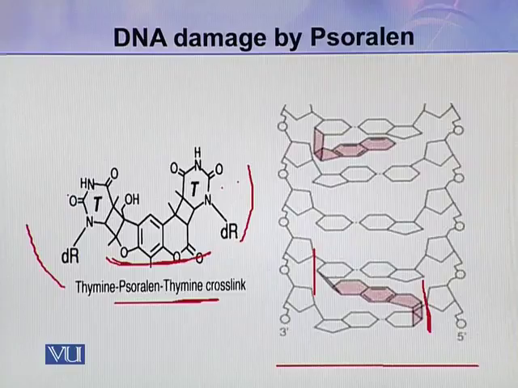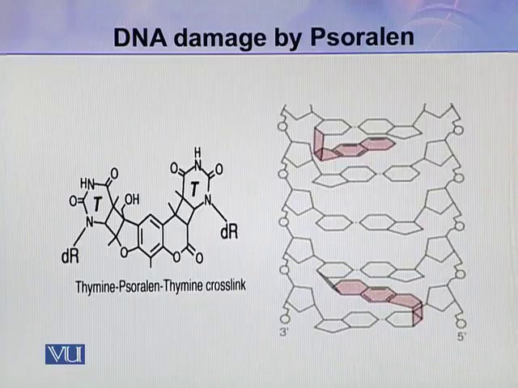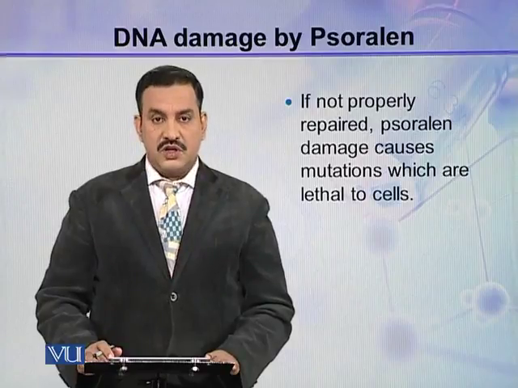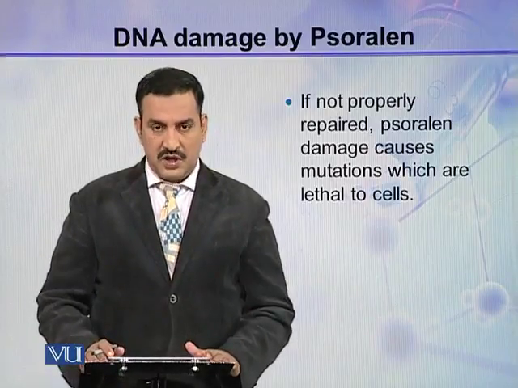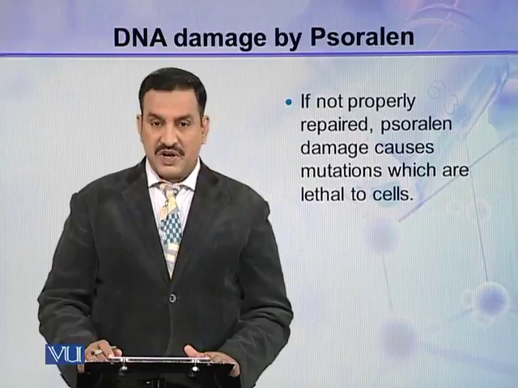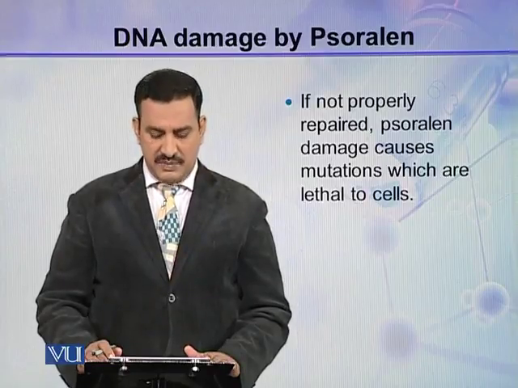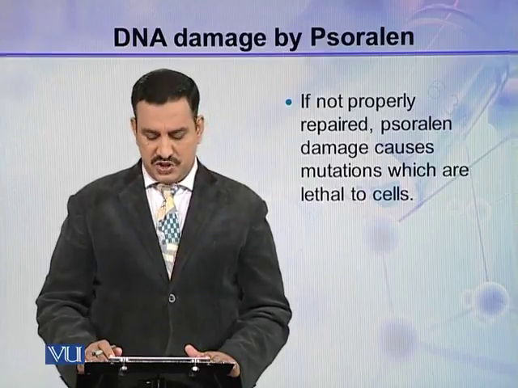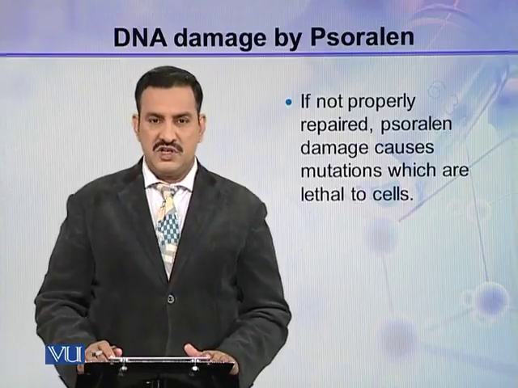So this is a cross-link between two strands. So in this way an inter-strand cross-link is formed by psoralen. If this inter-strand cross-link is not properly repaired, psoralen damage causes mutations which are lethal to the cells.